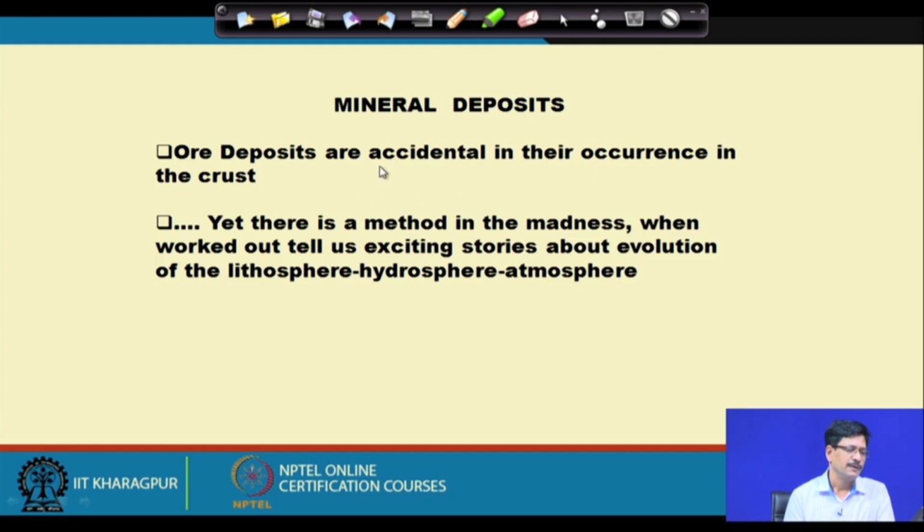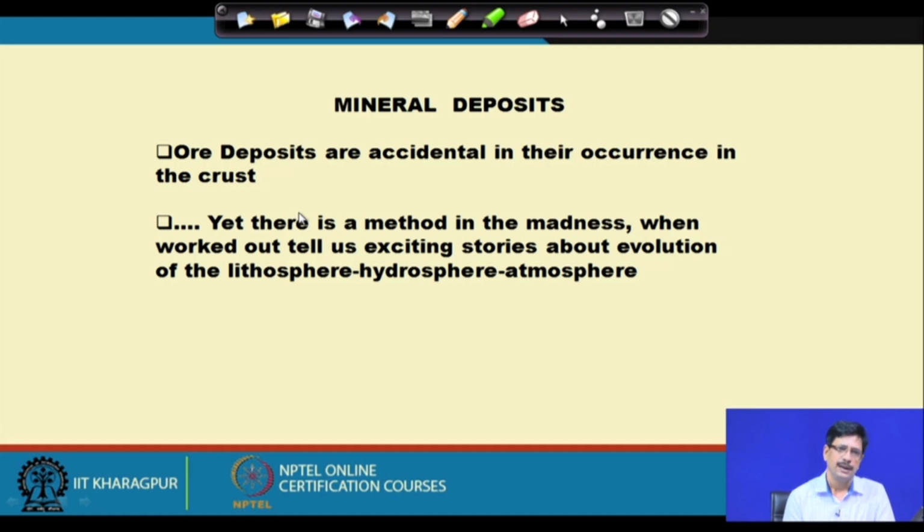So, if we go to a granitic terrain in one particular continent, we get a deposit of, say, molybdenum, but when we go to another continent to a similar granitic terrain, we may not get that deposit of molybdenum.